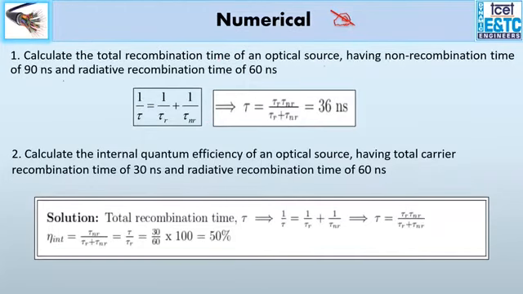You are already given a non-radiative recombination time of 90 nanoseconds and a radiative recombination time of 60. So just substitute it here and get me the value of tau. Are you getting 36 nanoseconds?